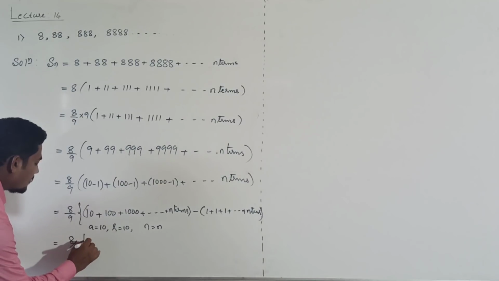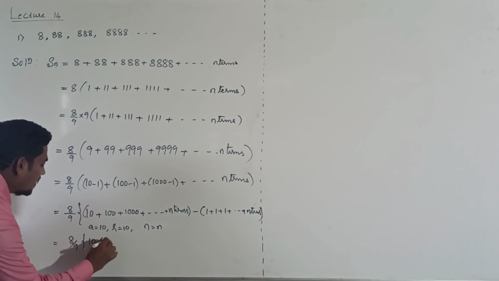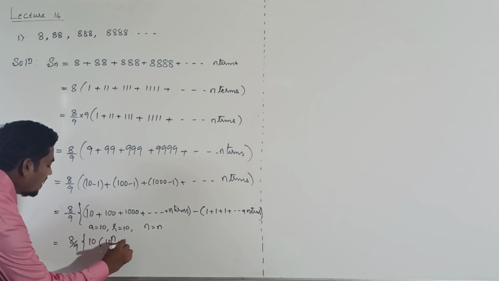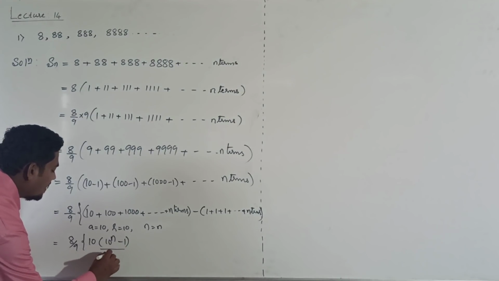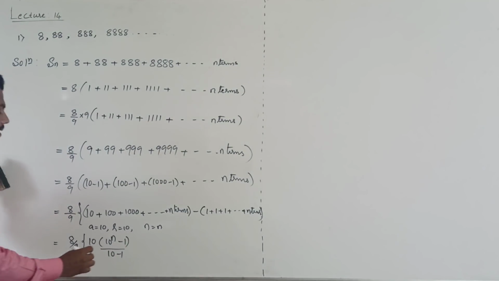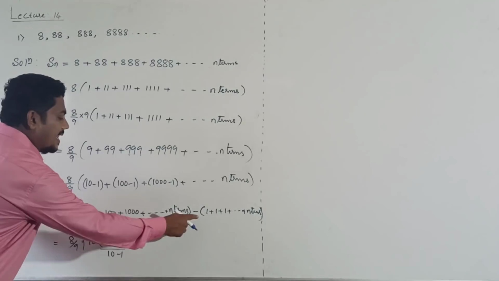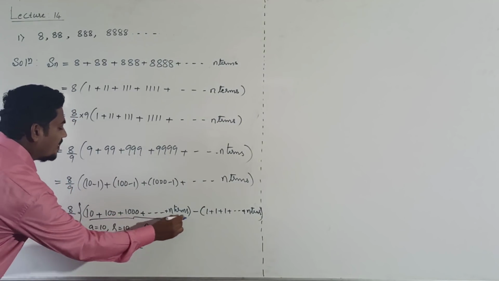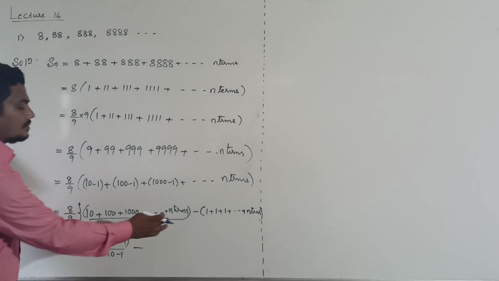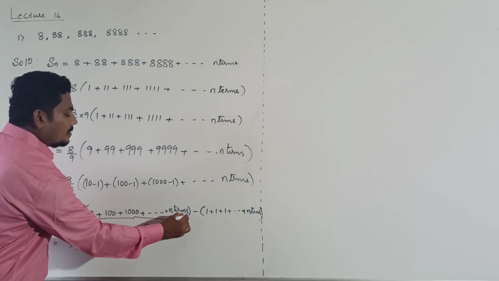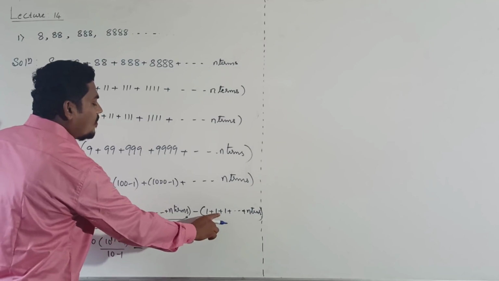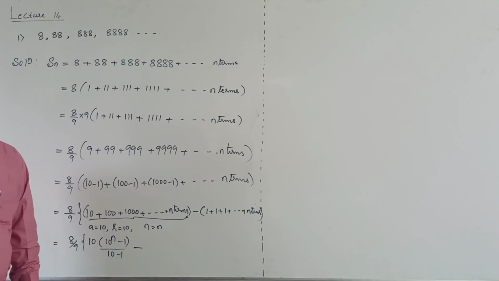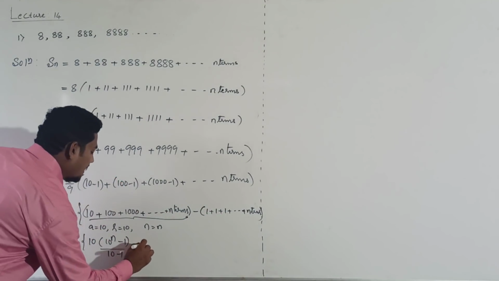Then 10 into 10 power n minus 1 divided by 10 minus 1. The negative sign remains as it is. Now minus of 1 plus 1 plus 1 repeated n times, that is n.